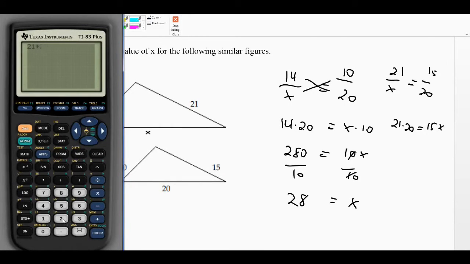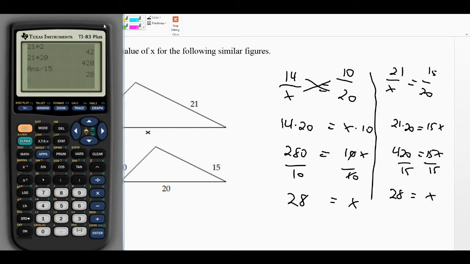We do get 420 equals 15x. Divide both sides by 15. So it's 420 divided by 15. And we still get x equals 28. So either way, you get the same result. It's all based on what you're given. Sometimes you don't have a choice.